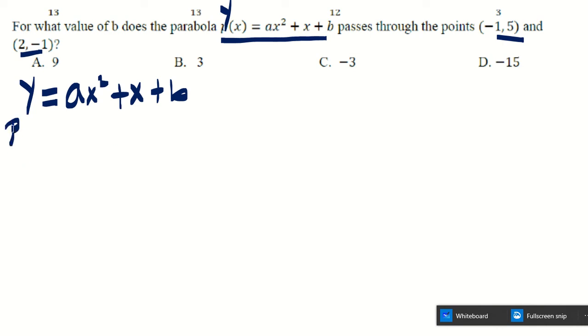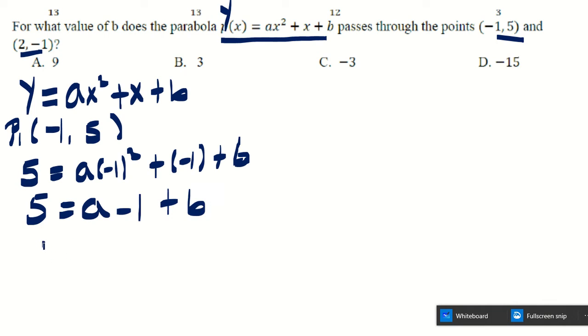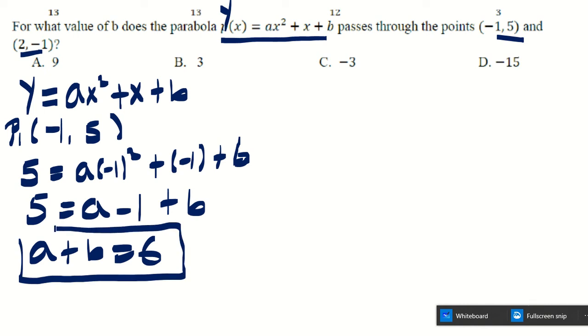The first point, p1, is negative 1, 5. Substitute the second coordinate in place of y, and the first in place of x. So 5 is equal to a times negative 1 square plus negative 1 plus b. Negative 1 square is 1, so 5 is equal to a minus 1 plus b. When you rearrange it, a plus b is equal to 6. This is our first equation.